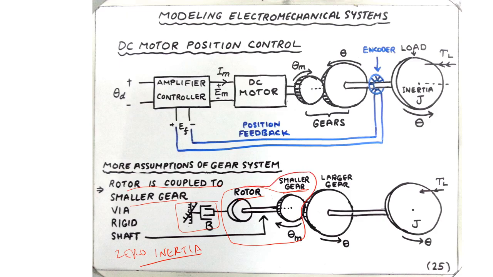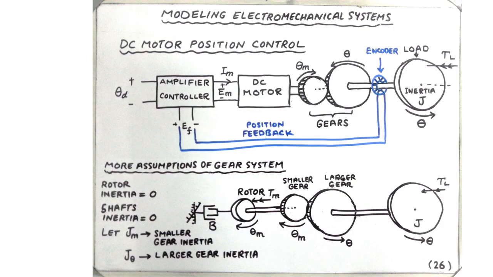It's because they are mechanically coupled. So there is no harm in further shifting this damper leftward. And again, we reiterate that the rotor inertia is taken equal to 0. The inertia of all the shafts is set equal to 0.